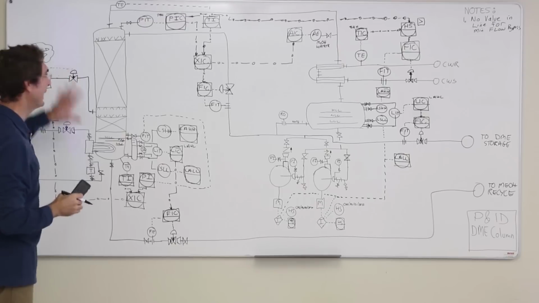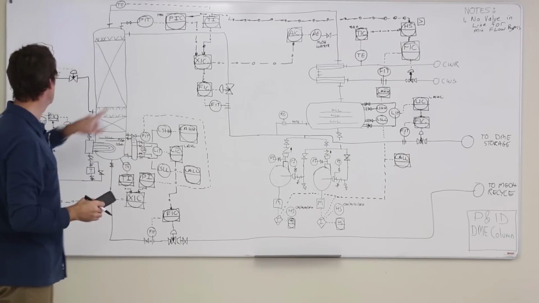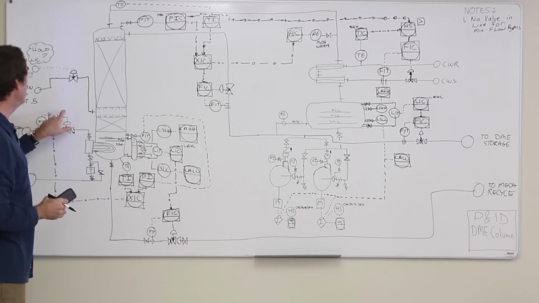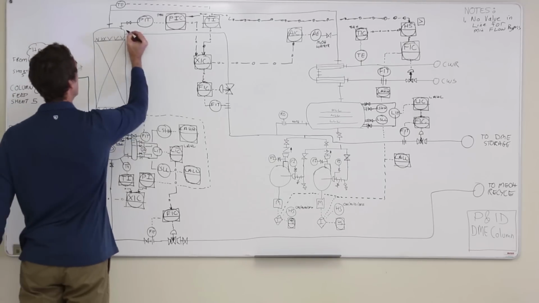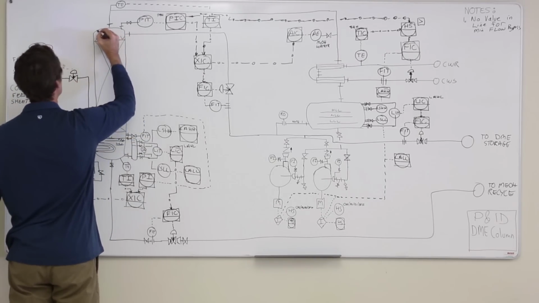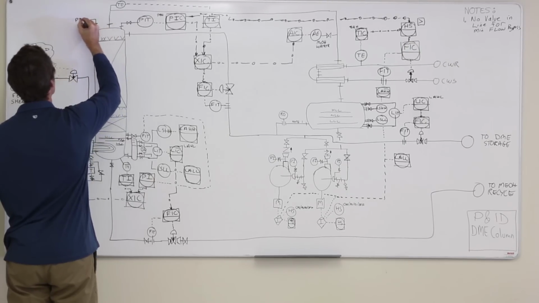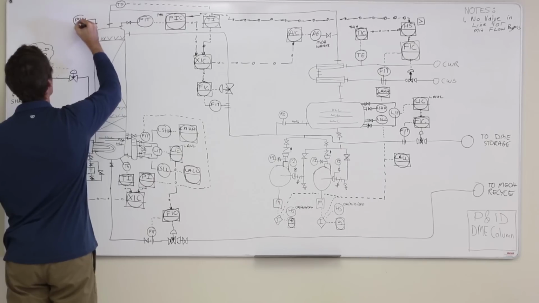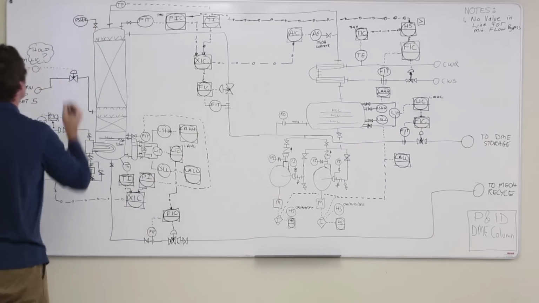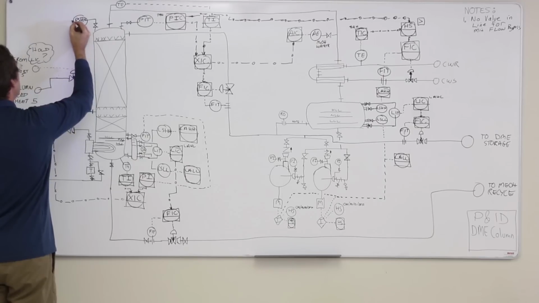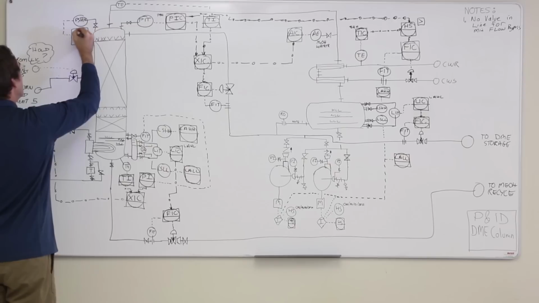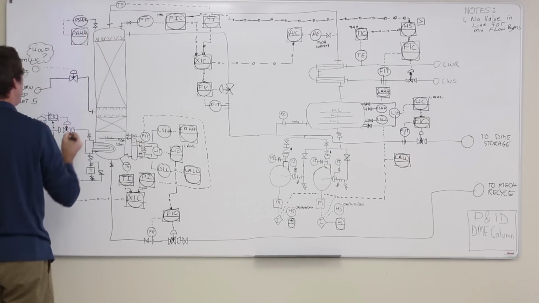So this is probably going to be a cascade loop as well. Okay, so from the pressure controller, or maybe a pressure switch actually, let's do it with a pressure switch. Like that. I want to alarm it. Like that.